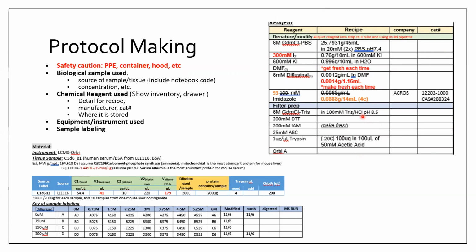So here you are also going to list some of the equipment you're going to use, like here we're going to use LCMS or Orbitrap. It did not list all the details of the equipment because we have done this one many times, but for something that is new, it is worth saying we're going to use an Eppendorf tube or a spin filter, and sometimes you refer to older protocols.